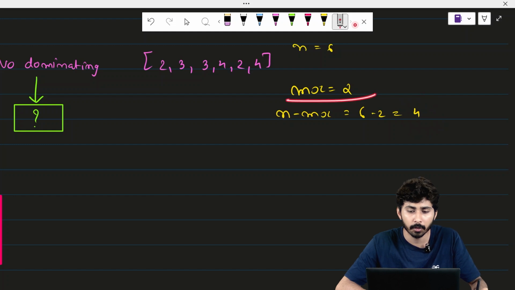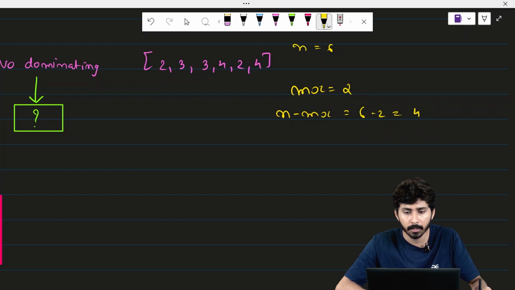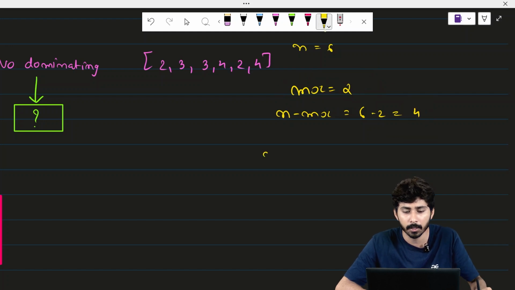So I got to know one element has frequency equal to 2 and the remaining elements are 4. So if you pair this maximum, the element having frequency 2, with the rest of the elements, how many pairs can you get? Can you get 2 into mx number of pairs?